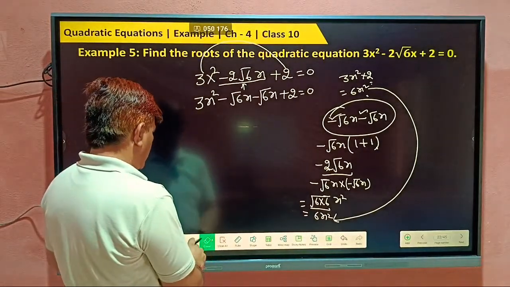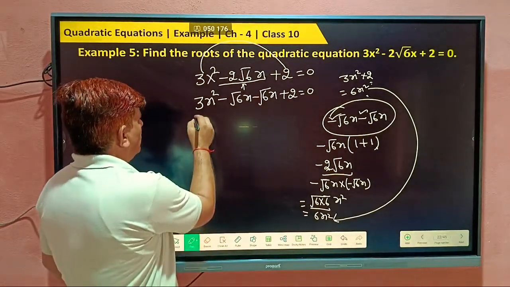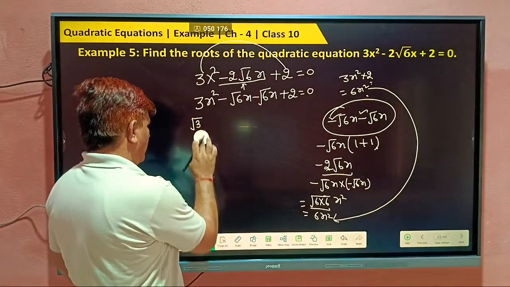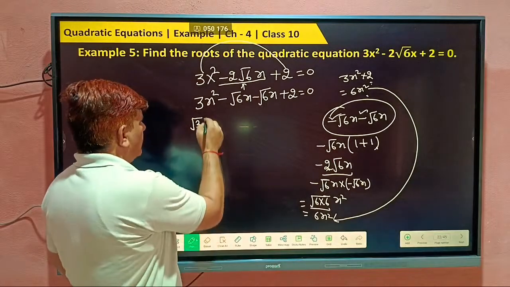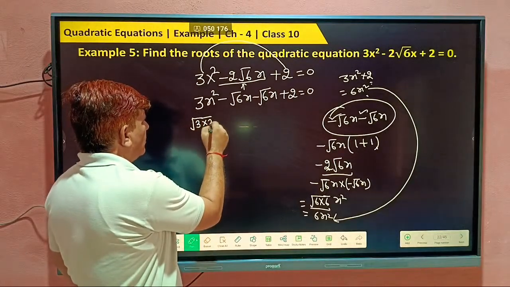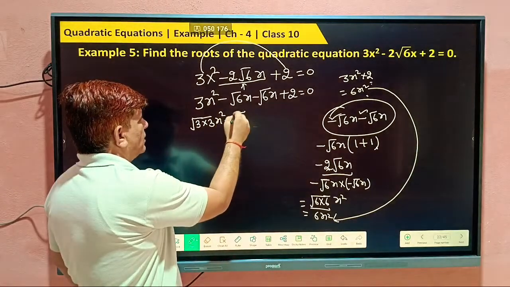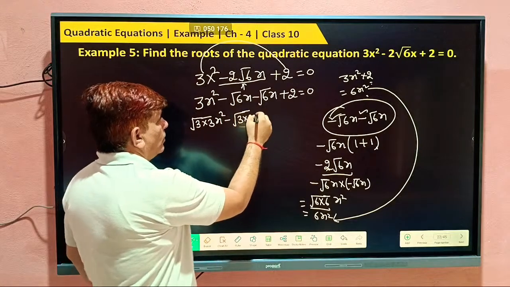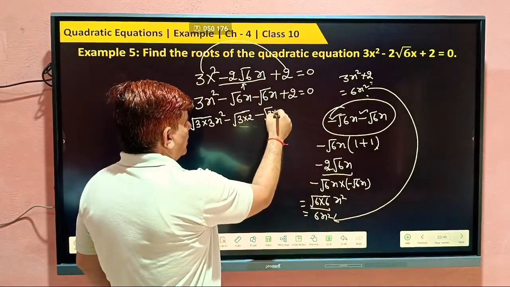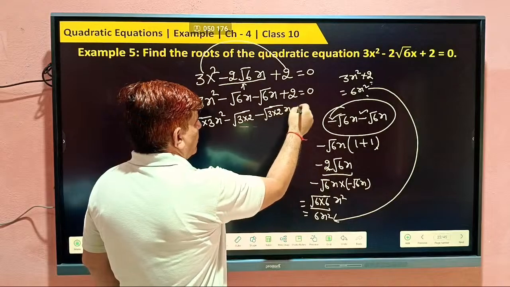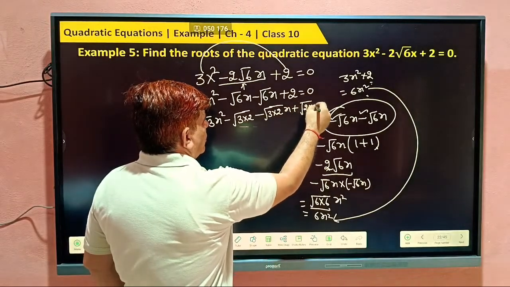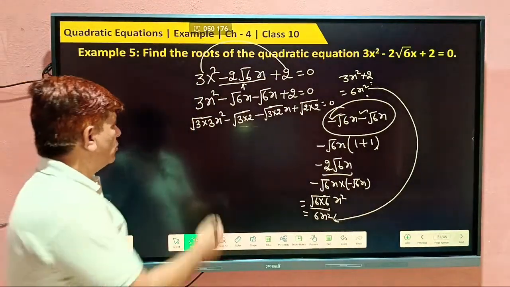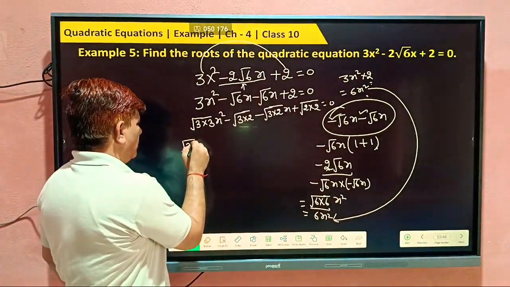Or I have written it like this, if you are facing a problem: under root 3 into 3x square minus under root 3 into under root 2, minus under root 3 into 2, plus 2 into 2 equal to 0. In this way we can write, if not understood. What's common? This we have taken common.